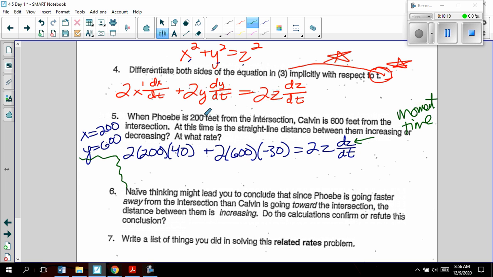I was given the moment in time with Phoebe being 200 and Kelvin being 600. Putting that into my Pythagorean theorem, I have 200 squared plus 600 squared equals z squared. Solving that gives me 632.456, which is then going to go in for z.